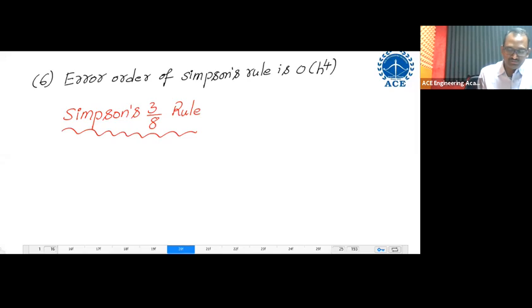Simpson's 3/8 rule. Write down directly, I'm giving the formula.